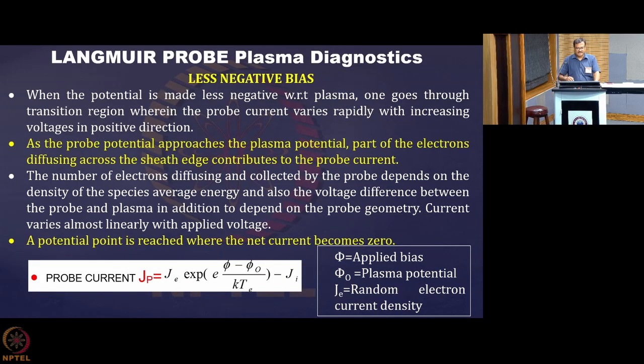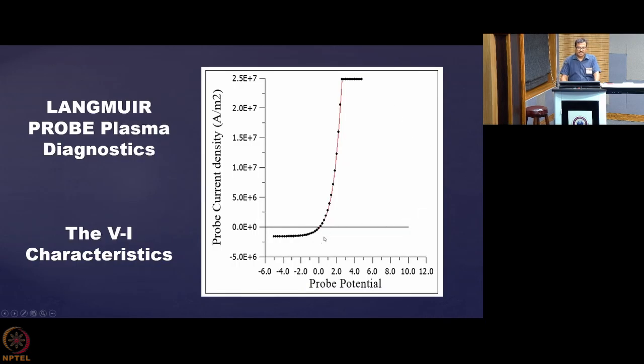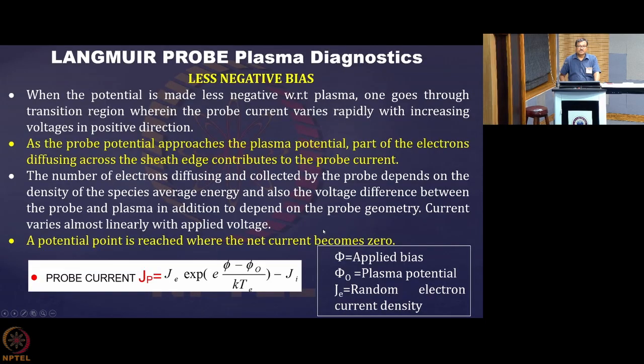So, when it is less negative bias, that is when we are close to zero, in this zone only, one goes to the transition region, wherein the probe current varies very rapidly with increasing voltage in the positive direction. As the probe potential approaches the plasma potential, part of the electrons diffusing across the sheath edge contributes to the probe current.